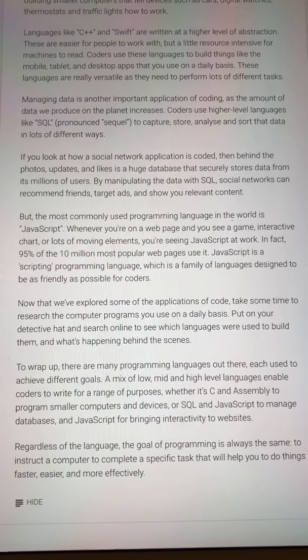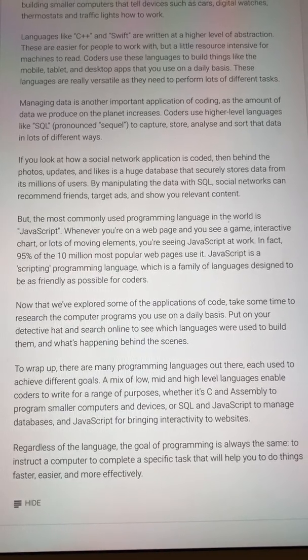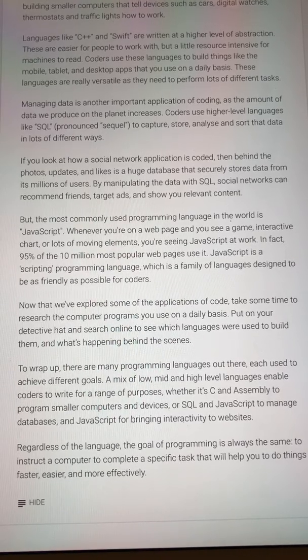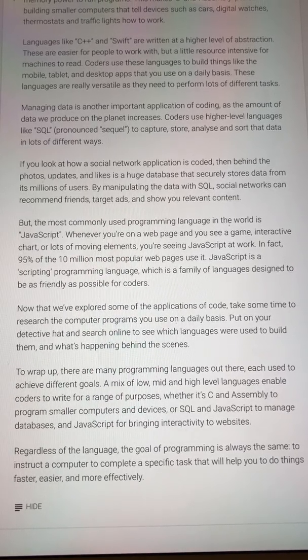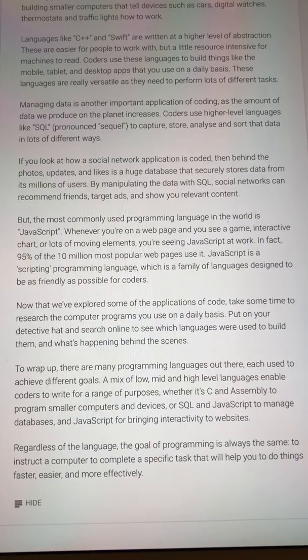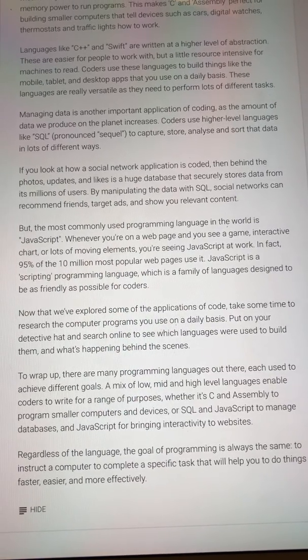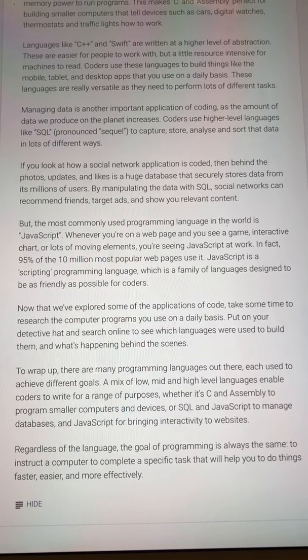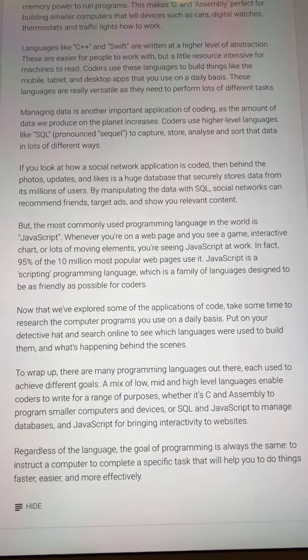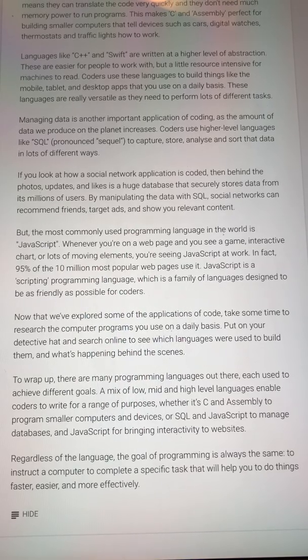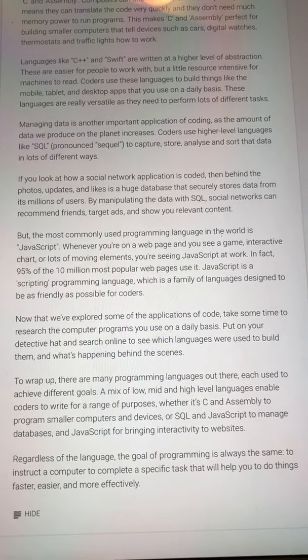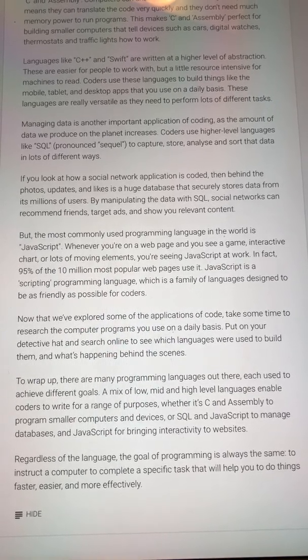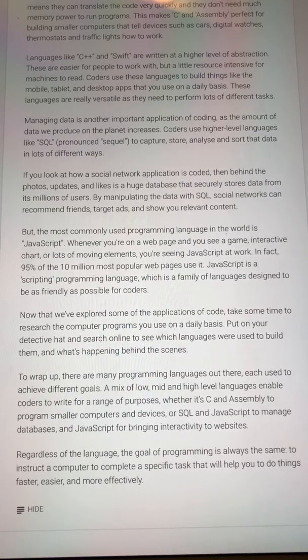But the most commonly used programming language in the world is JavaScript. Whenever you are on a web page and you see a game, interactive chart, or lots of moving elements, you're seeing JavaScript at work. In fact, 95% of the 10 million most popular web pages use it. JavaScript is a scripting programming language, which is a family of languages designed to be as friendly as possible for coders.